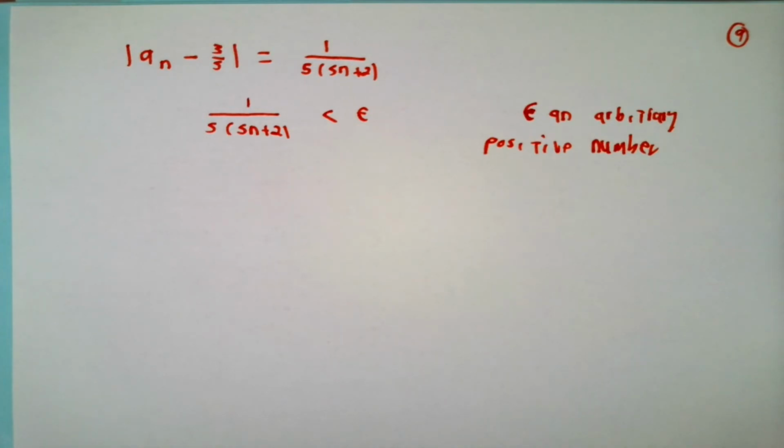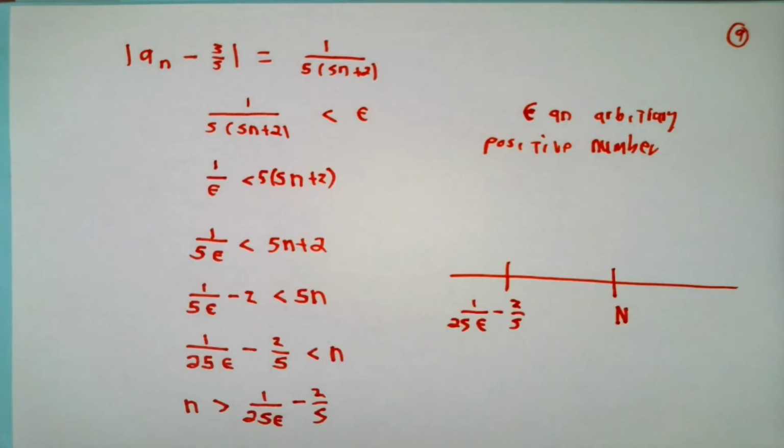I'm going to select some number epsilon. It might be 0.1 or 0.01 or 0.001. All I know about the epsilon is it's positive. I want to know if by making index n big enough, I can guarantee that the absolute value of a_n minus 3/5 is smaller than this positive number that you were handed to start with.